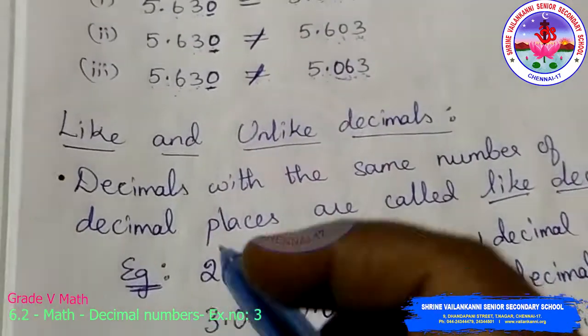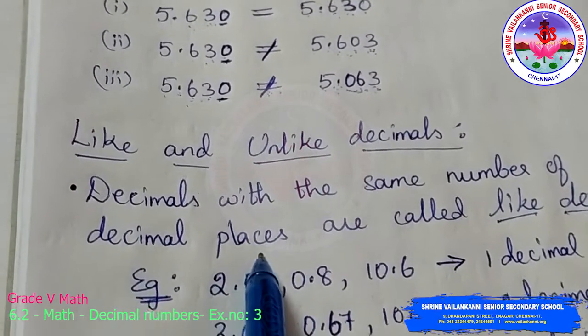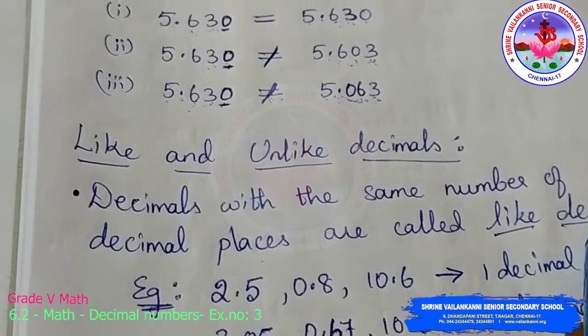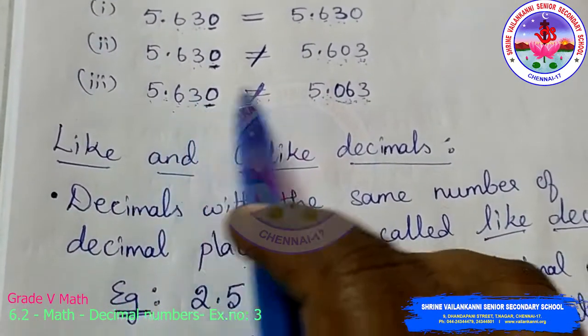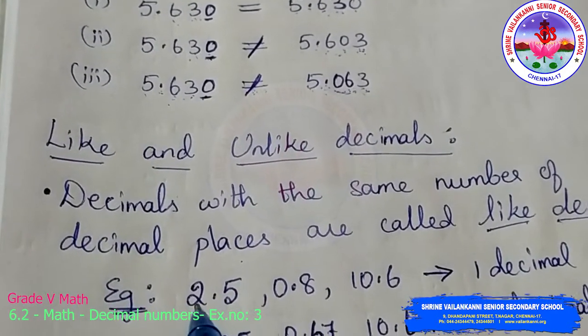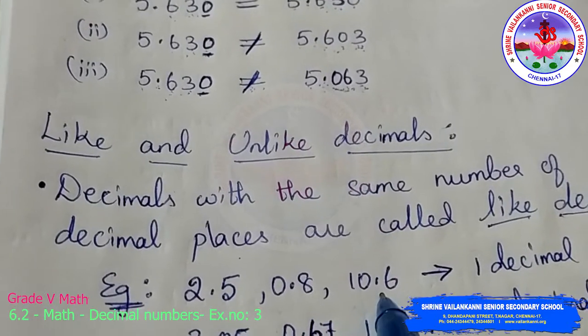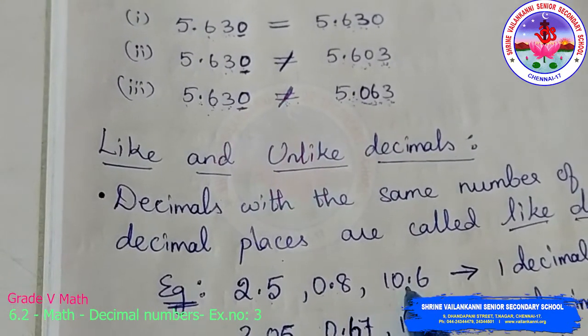Decimals with the same number of decimal places are called like decimals. Just as I was comparing the decimal numbers earlier, I am going to explain the same here. Look at this first set of decimal numbers: 2.5, 0.8, 10.6.